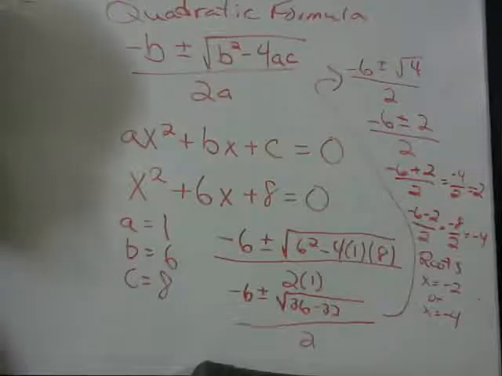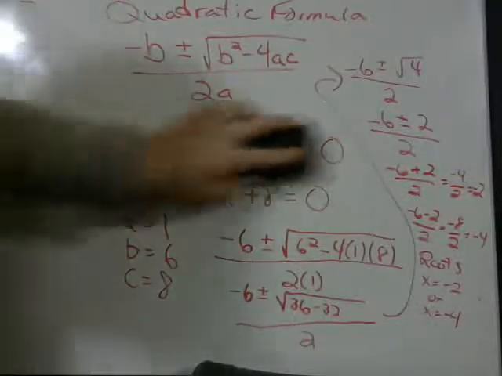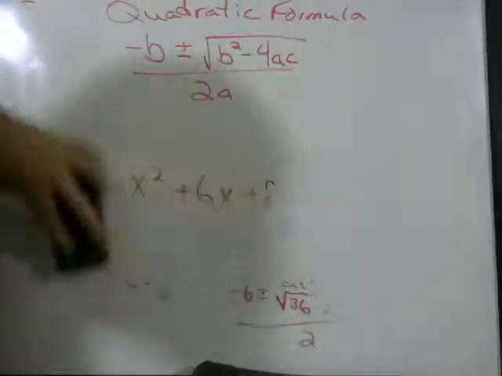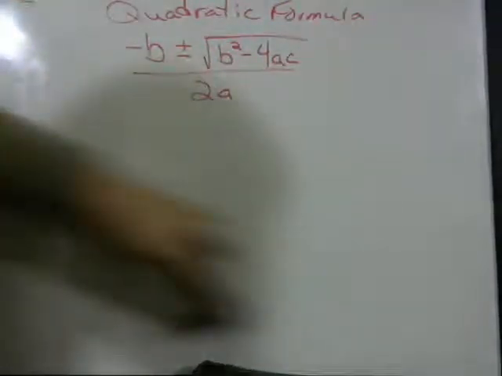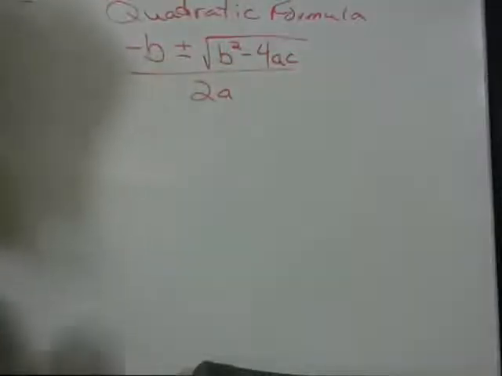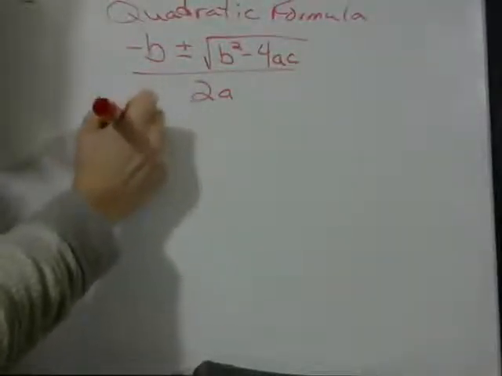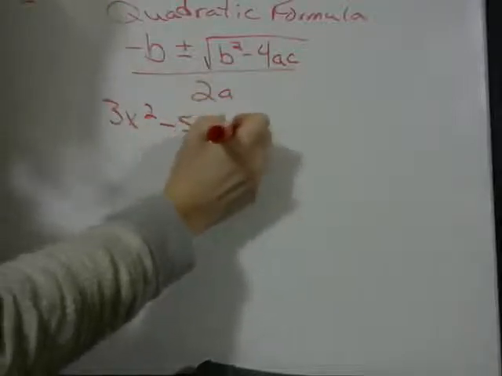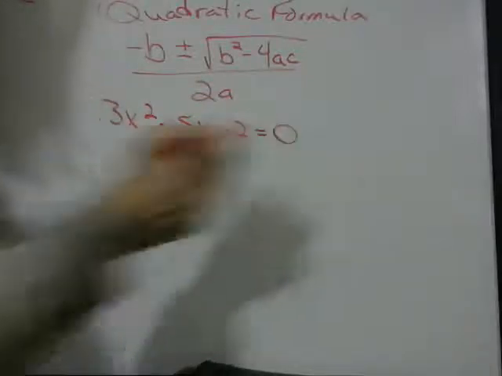We're going to do one more example. We have 3x squared minus 5x minus 2 equals 0.